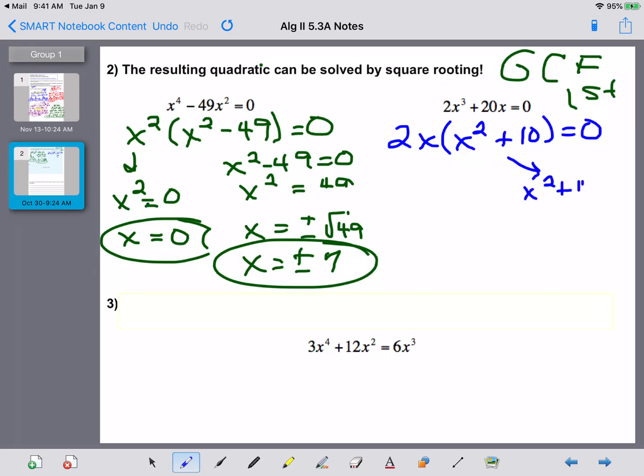X squared plus 10 equals 0. So I'm going to subtract the 10 over. And then I'm going to square root both sides. And when I square root a negative, remember we have to pull that i piece out. So my answer would be x equals plus minus i root 10.